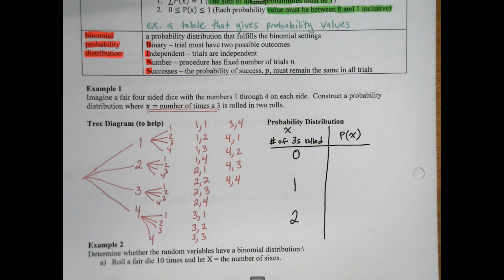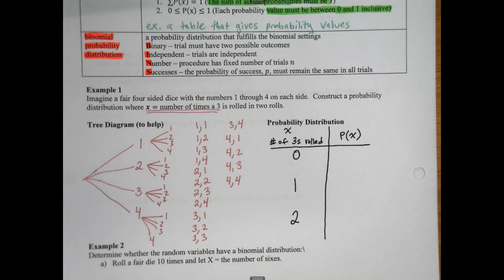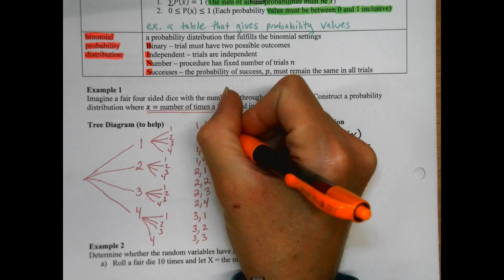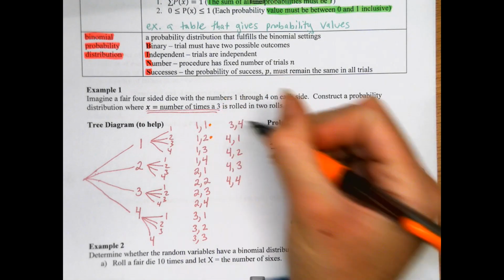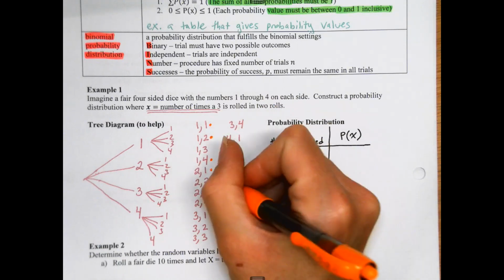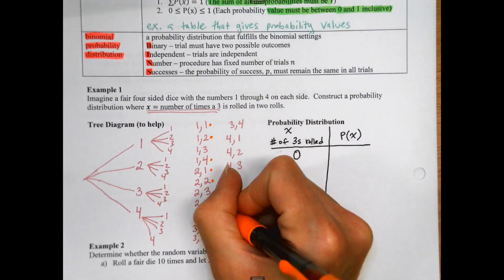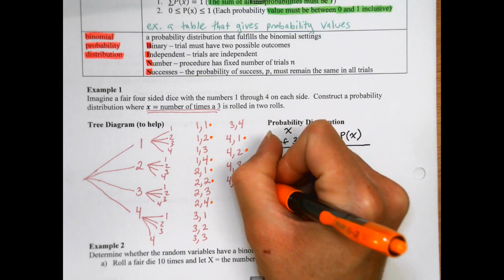To find the probability of each of these happening, we have to count up how many times it occurs. So no 3s were rolled. Well, this one, so 1 and 1, there is that one. This one has no 3s. 1 and 4, 2 and 1, 2 and 2, 2 and 4, 4 and 1, 4 and 2, and 4 and 4.